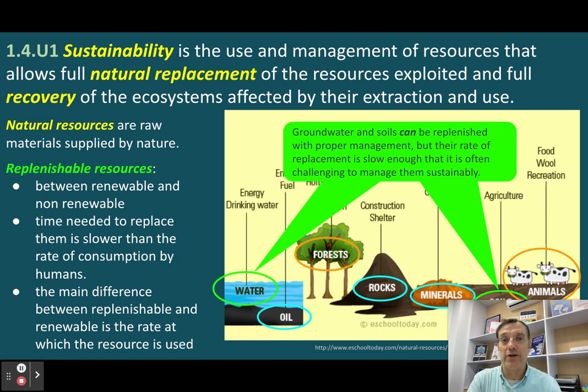We can build up soils through soil management techniques that we'll investigate in topic 5, but more frequently, people use up the nutrients and degrade soils more quickly than we're growing new soils or developing soils in places where they didn't used to exist. Similarly, with potable water, particularly groundwater, we can replenish it, but it's a slow process, and people don't generally do it quickly enough or manage their consumption to be slow enough to allow that replacement.